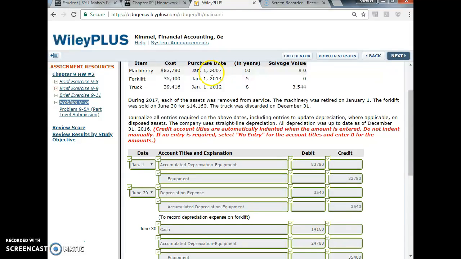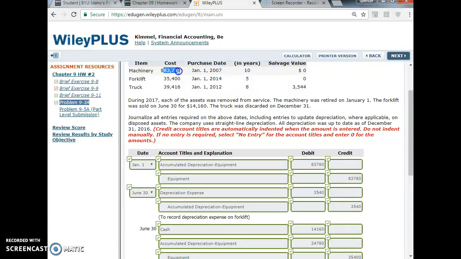Since it was purchased in 2007, it's used up its 10 years of useful life. We see that we're trying to calculate everything as updated through December 31st, 2016. That's used up its 10 years from January 1st, 2007 to December 31st, 2016, so it doesn't have any more use for the company, money-wise.